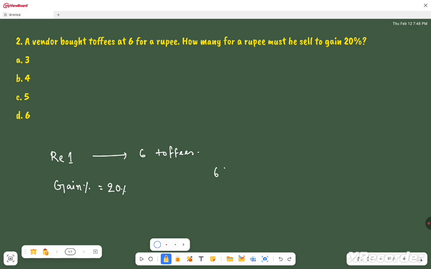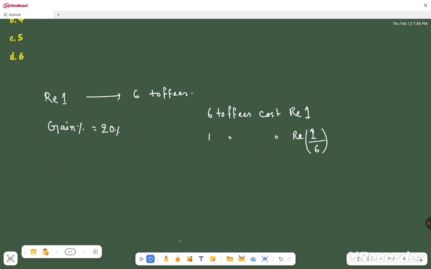Now we can see 6 toffees cost rupee 1. 1 toffee will cost rupee 1 by 6. So this is the cost price we are getting for 1 toffee: CP is rupee 1 by 6. Now we have to find the selling price, SP, and the gain percentage is given.